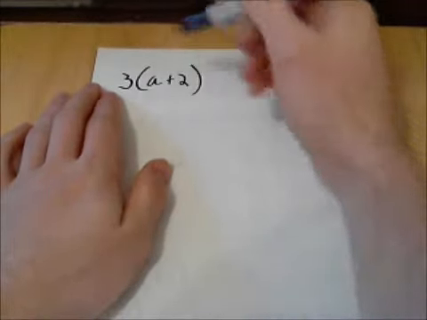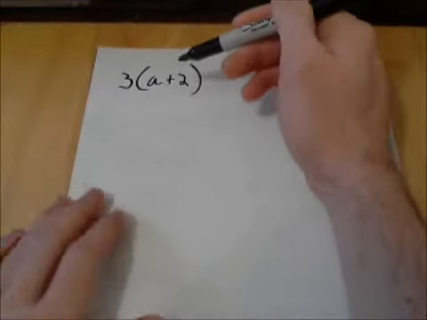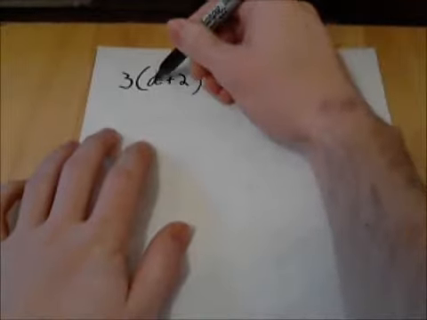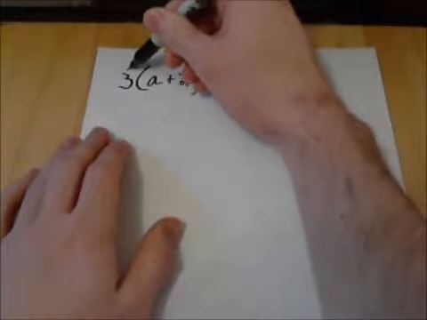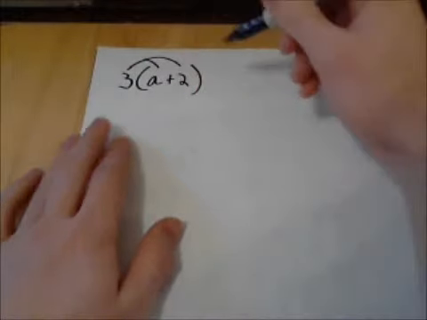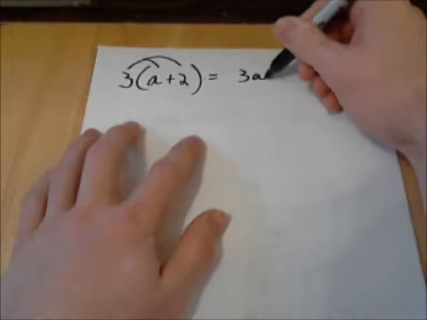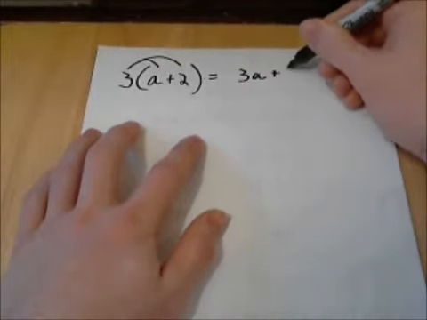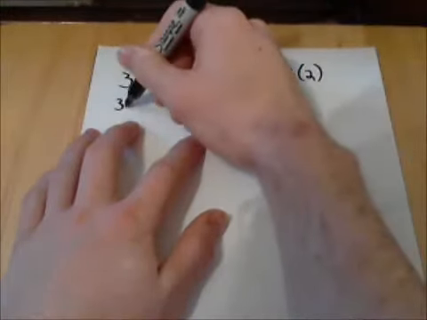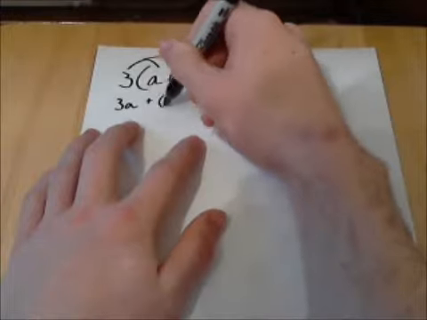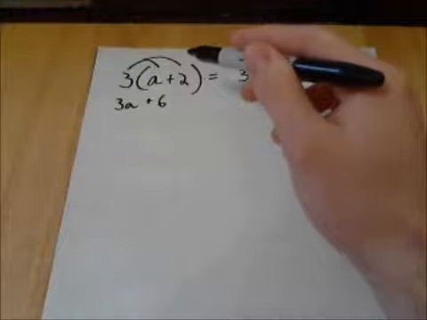So now, unlike before, we can't just add everything in the parentheses and then multiply by 3, because we don't know what A is. So this is where the distributive property comes into effect. So what we have to do is go 3 and distribute it throughout everything in the parentheses. So 3 times A plus 3 times 2, which is 3A plus 6. So that's how you do the distributive property with variables.